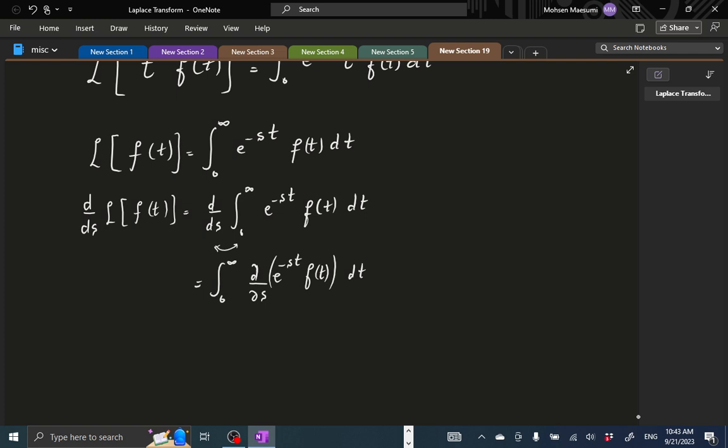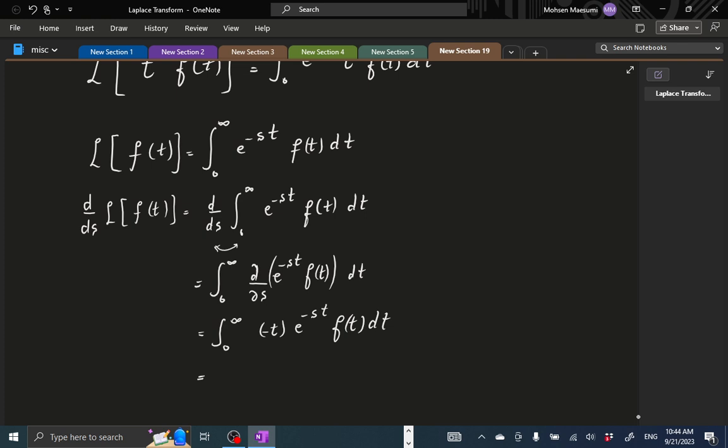Well, with respect to s, this one doesn't have anything with respect to s, only this one does. And the derivative of that is, well, every time you differentiate with respect to s, a factor of minus t comes in. So it becomes minus t exponential of minus st f of t dt.